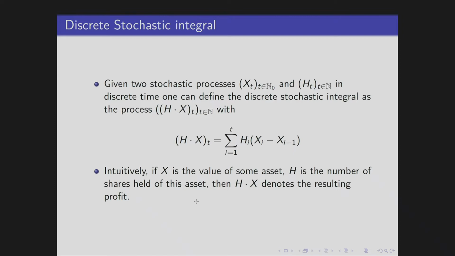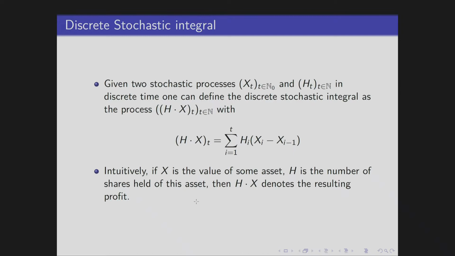And the idea behind a stochastic integral is, given a stock and the number of shares you have at a certain time, it will give you another process, and this process will be your wealth process. So this process will tell you what the value of your portfolio would be at some time t. And it's given by this relatively simple formula, since at every time we will get the increments of our stock times the number of shares we own.